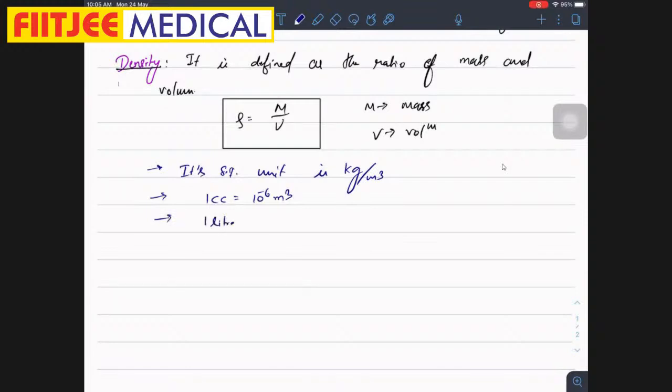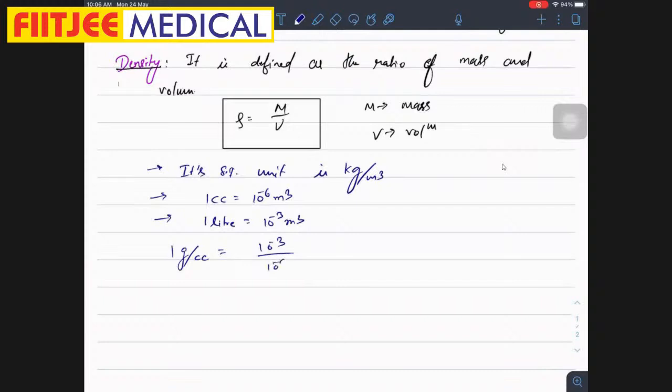One more common unit for volume is the liter. 1 liter is 10 to the power minus 3 meter cube. Density may be given in terms of, suppose, 1 gram per cc. Mostly you have to convert this into kg per meter cube.